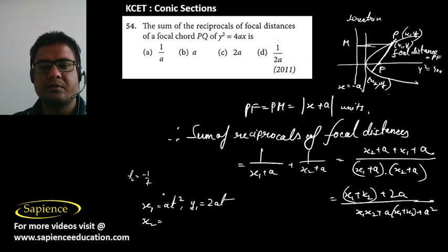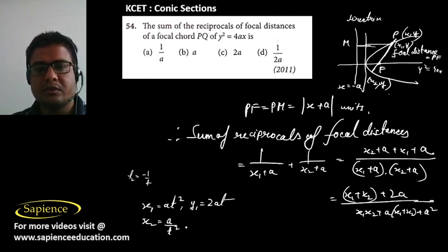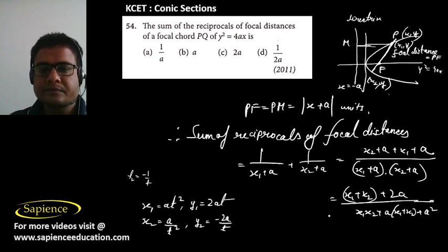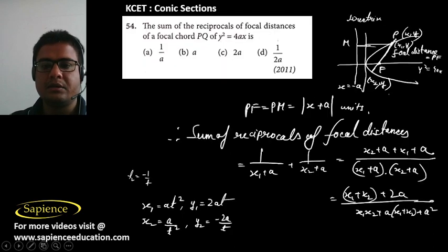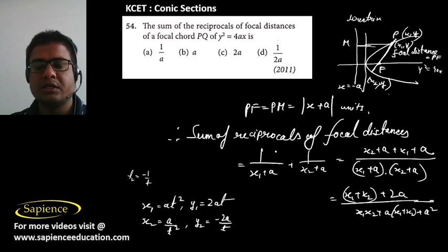So x2 will be a by t square and y2 will be minus 2a by t. So therefore the required sum of the reciprocals of focal distances, let us call it s, suppose.